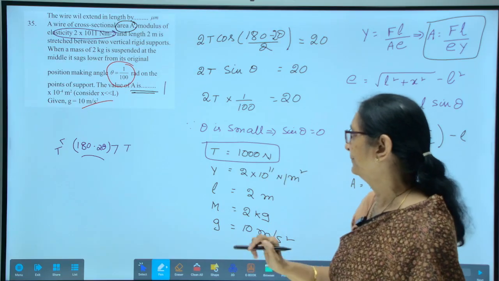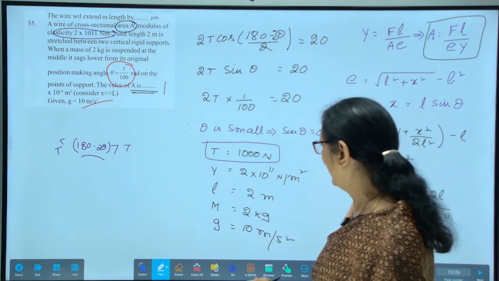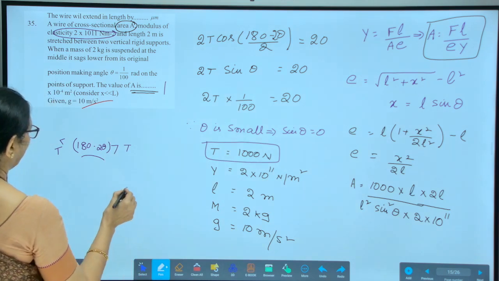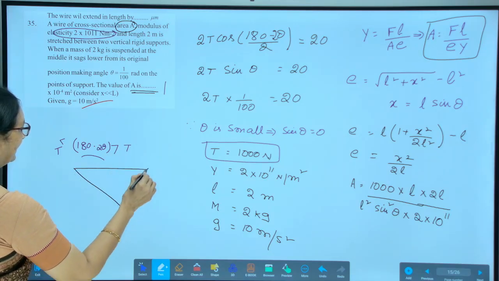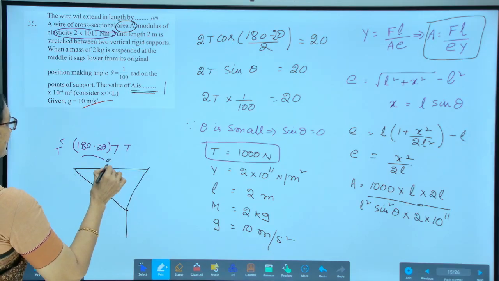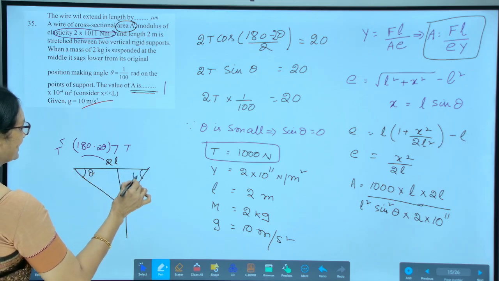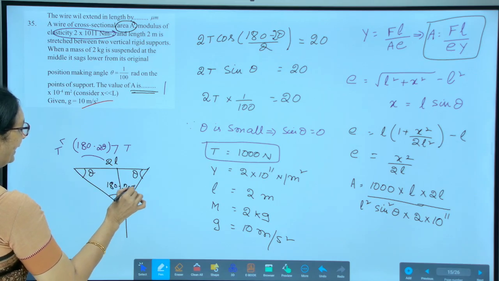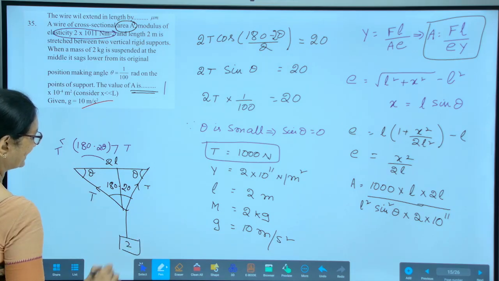Now stay back. Young's modulus of the material is given. I think the diagram is missing, but anyway, I can redraw it. This length is given as 2L, this angle is theta, this is theta, this becomes 180 minus 2 theta, and this is tension T, this is tension T, and this is the 2 kg suspended.